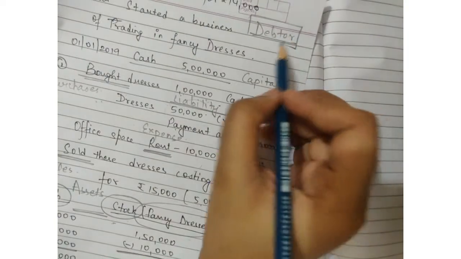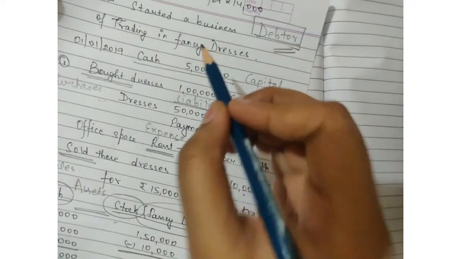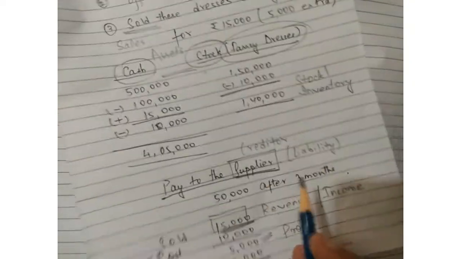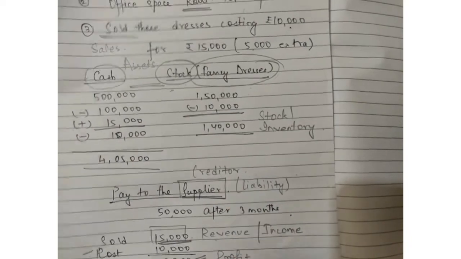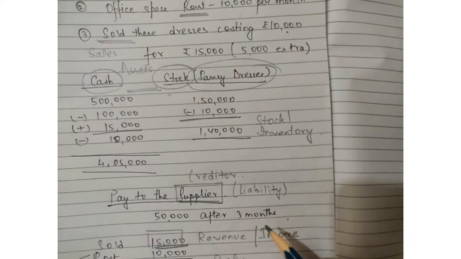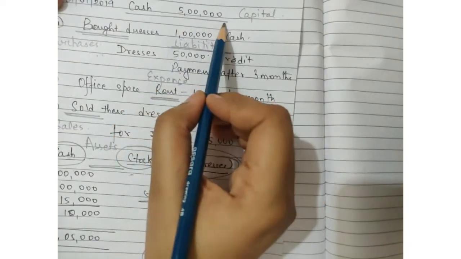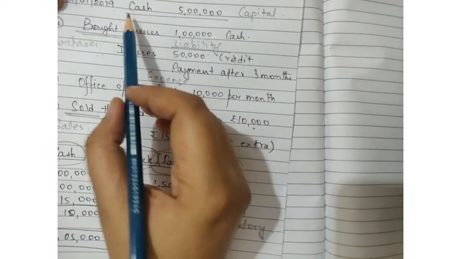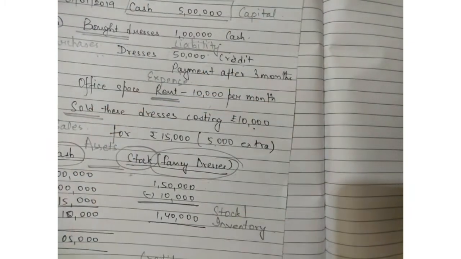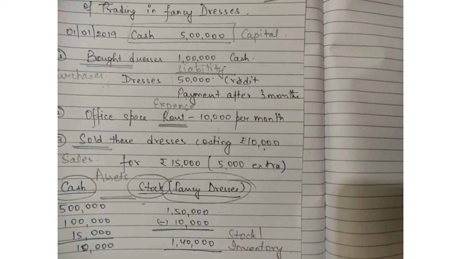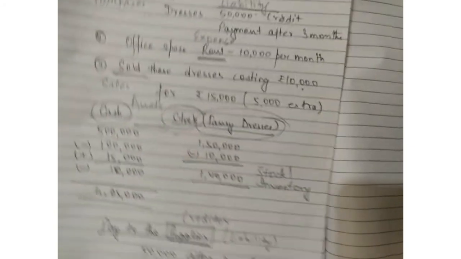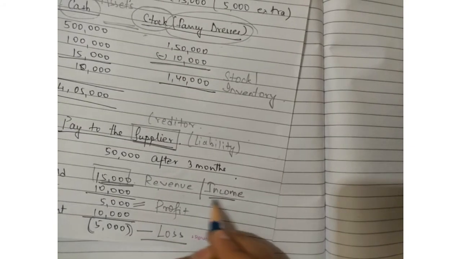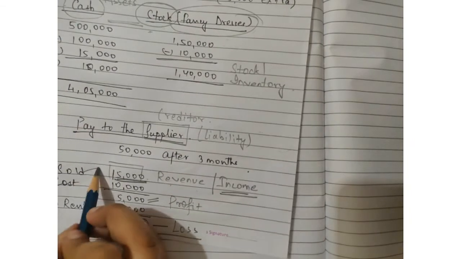A debtor is a person who owes us money. A creditor is a person to whom we owe money. Capital is the owner's interest in the firm. It is what the owner has brought into the firm from his own personal account. Revenue is the income generated out of sales.